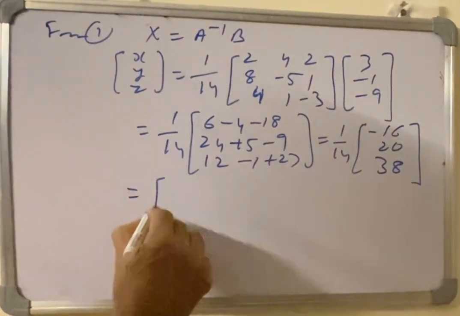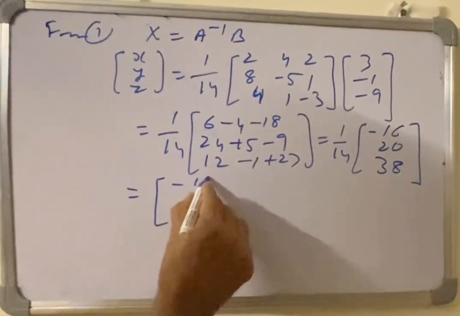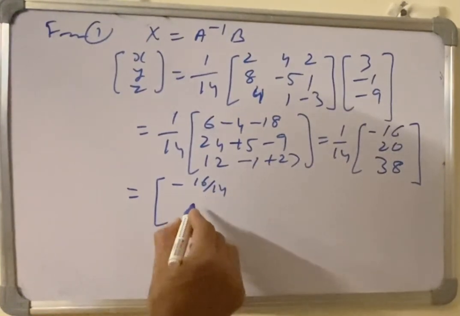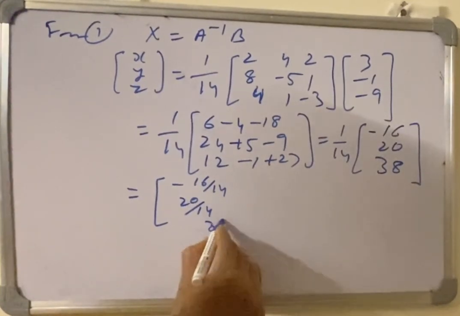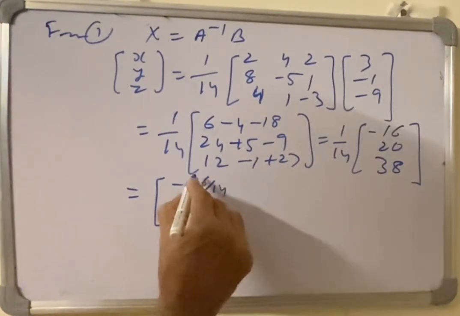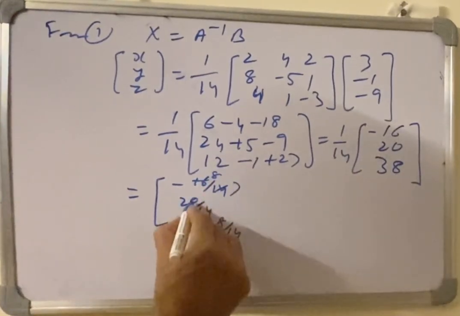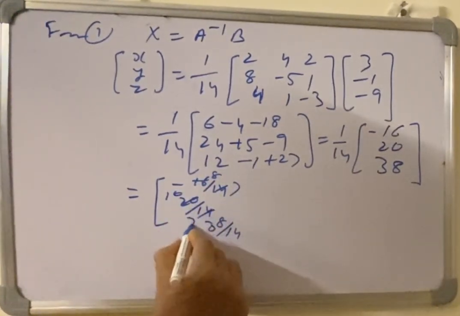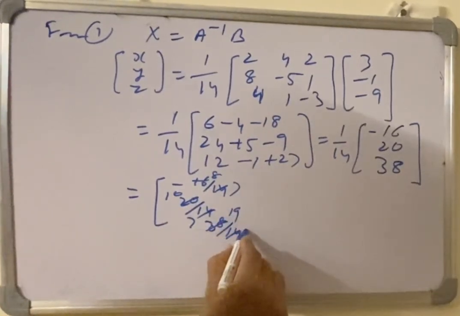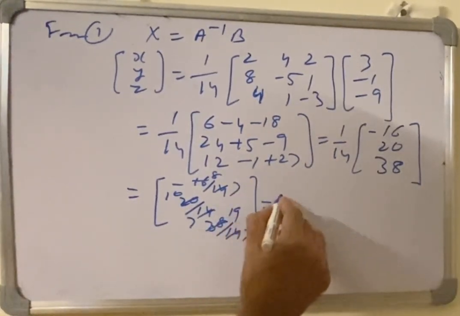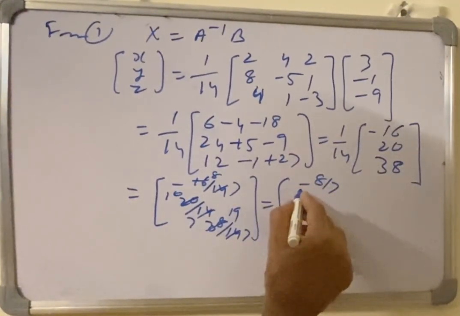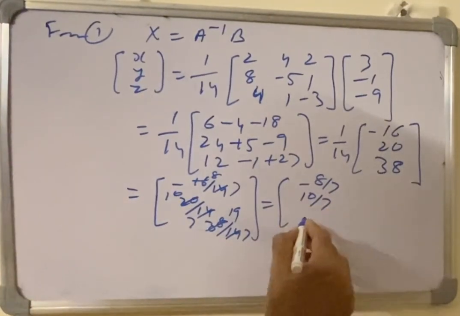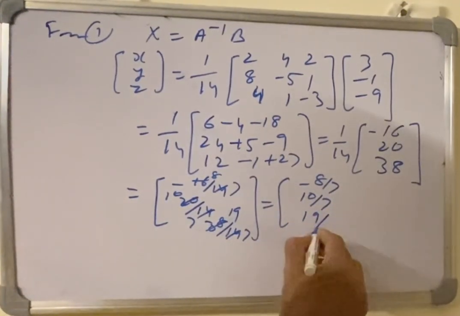This is equal to minus 16 over 14, 20 over 14, 38 over 14. Cancel this: 19 by 7. So this is equal to minus 8 by 7, 10 by 7, then 19 by 7.